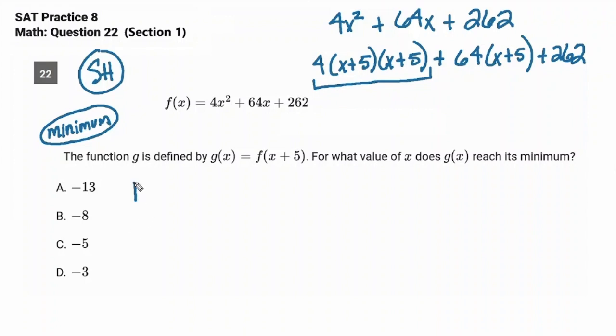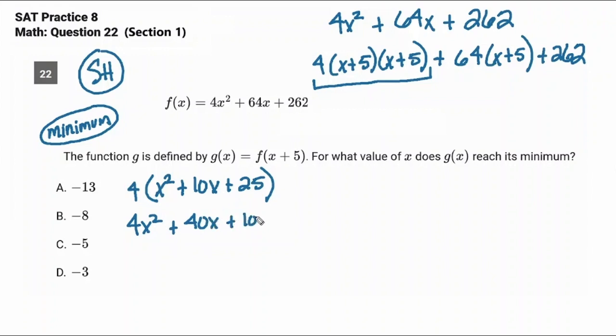So this is 4 times, I'm going to FOIL this, x plus 5 times x plus 5, x squared plus 10x plus 25. Not done. Now I've got to do 4 times x squared, 4x squared, plus 4 times 10x, 40x, plus 4 times 25, 100.